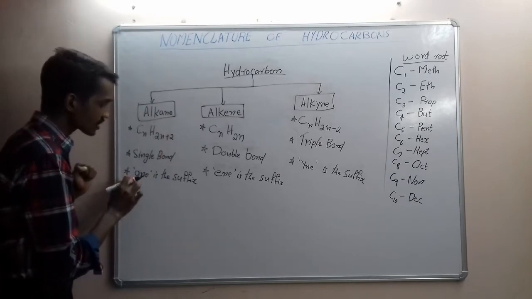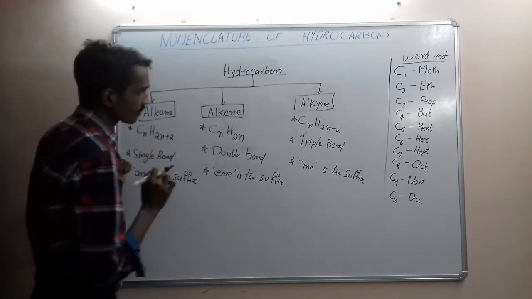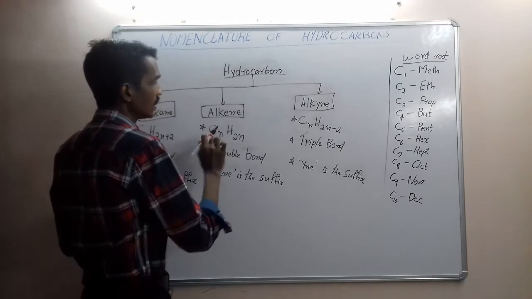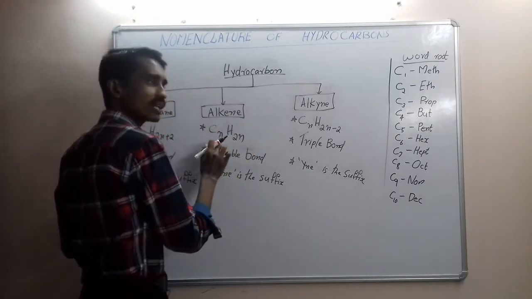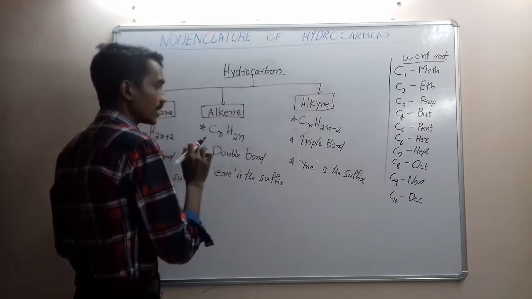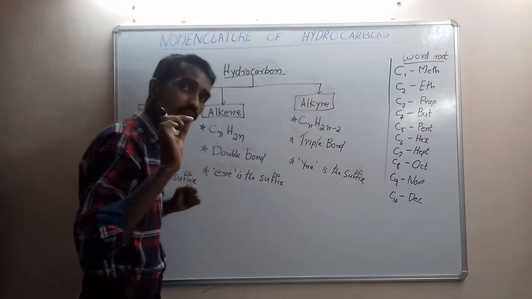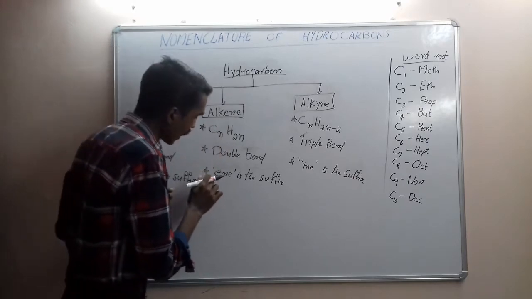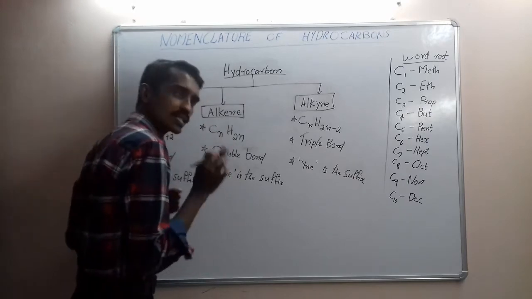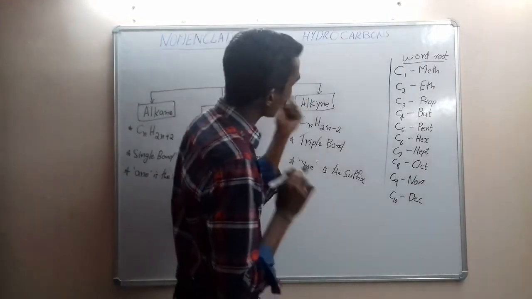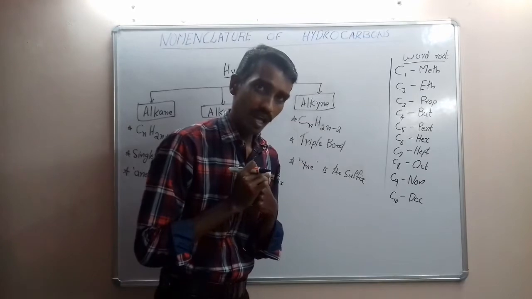So only single bonds are present in alkanes. Its suffix is ANE. Then alkene: the suffix is ENE, the general formula is CnH2n, and at least one double bond is present. Clear? Next is alkyne.